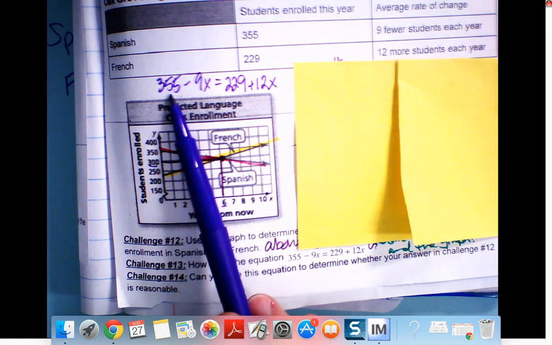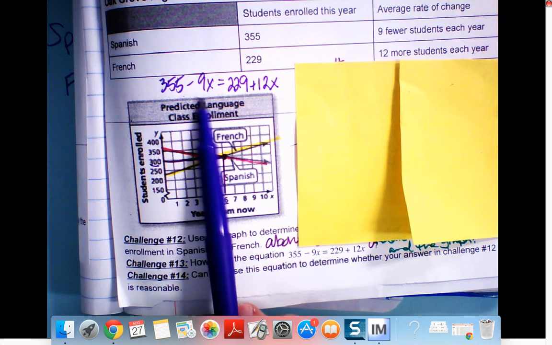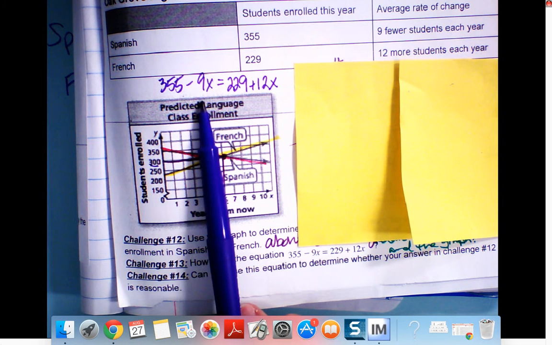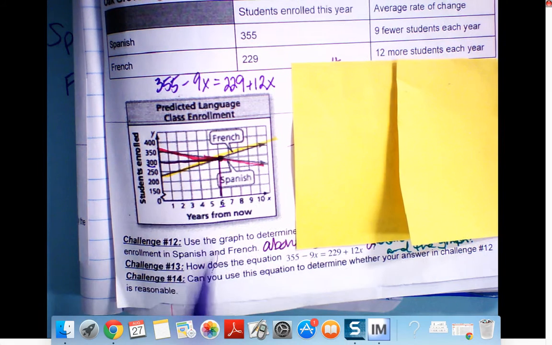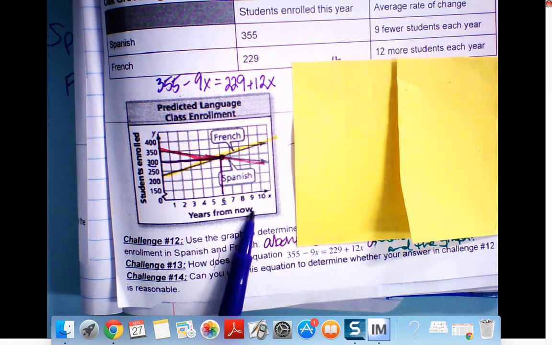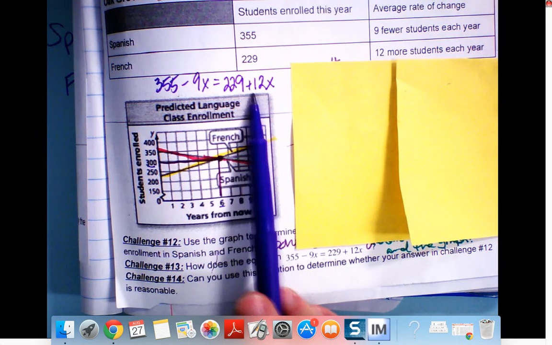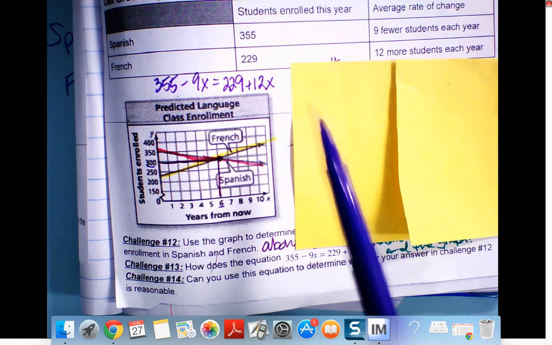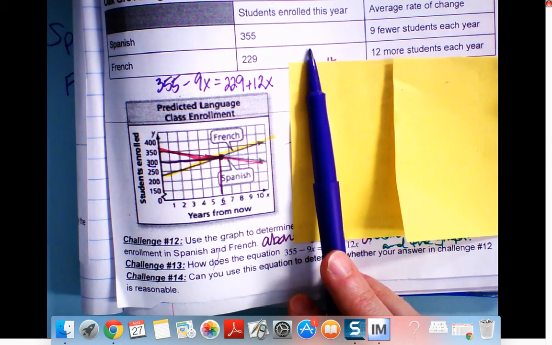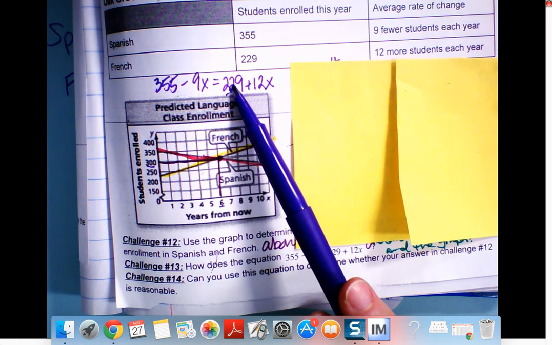We have 355 students enrolled in Spanish, and this represents the average rate of change, 9 fewer students each year, because our unknown was years from now. Here we have French enrollment, 229, plus the average rate of change, 12 more students each year. So the table, the graph, and this equation all say the exact same thing.